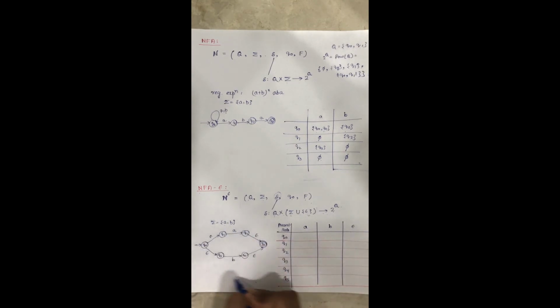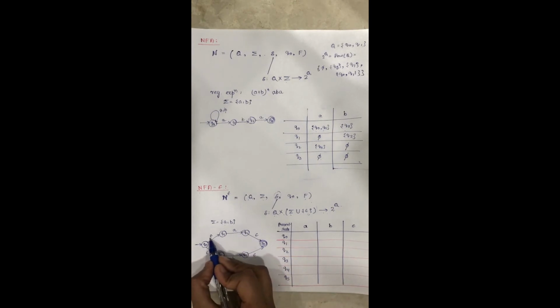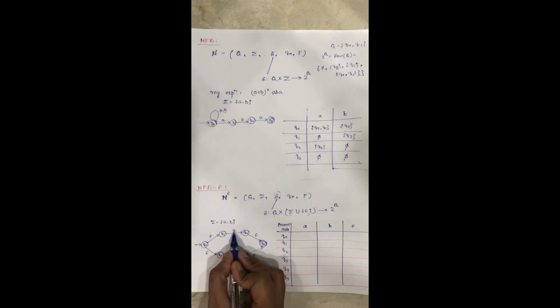Now see this particular example. Here we have states from Q0 to Q5: Q0, Q1, Q2, Q3, Q4 and Q5. Here some transitions are marked using epsilon. So from Q0 for epsilon, the next state is Q1. At Q1 for a, the next state is Q2.